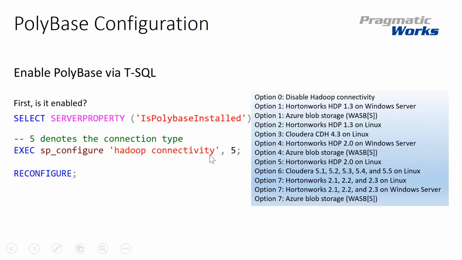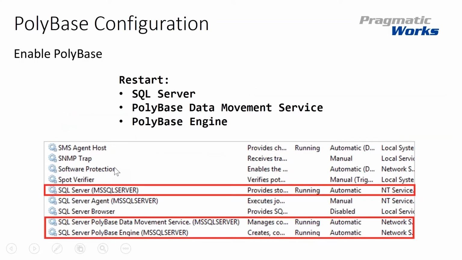However, they would have to be the same version because sp_configure tells you that is a server property. So you're only allowed one version of Hadoop for each server configuration. Once you run that stored procedure, restart the SQL Server service, the SQL Server Polybase data movement service, and the Polybase engine.